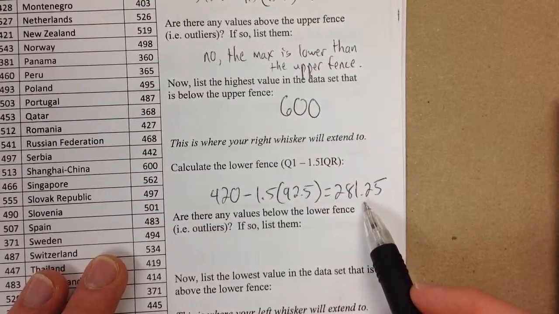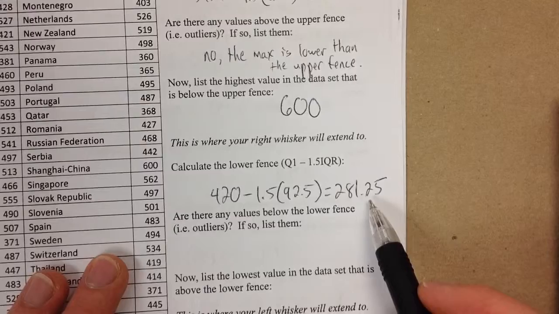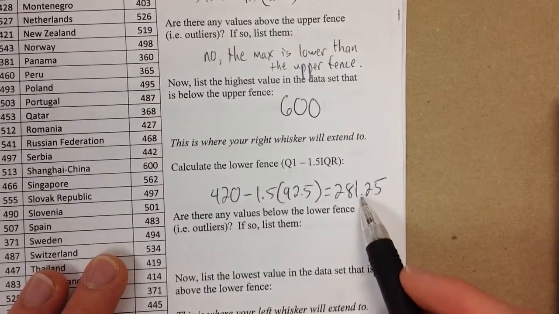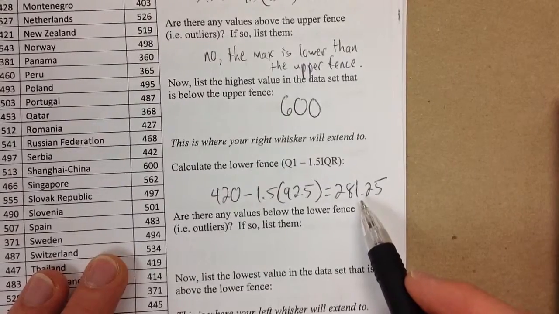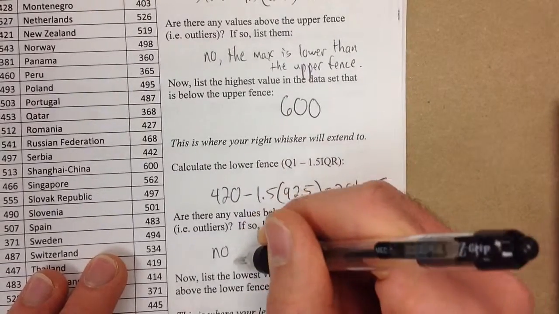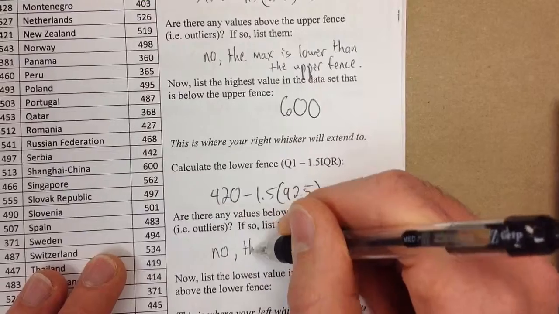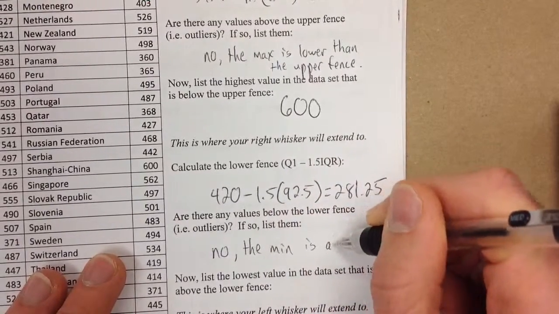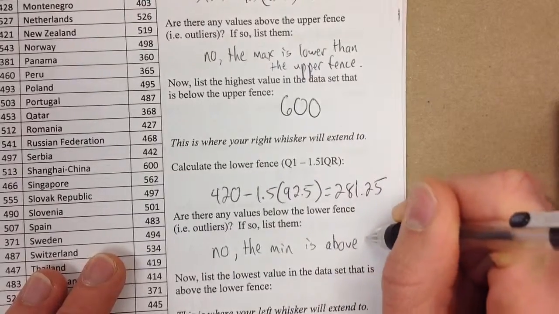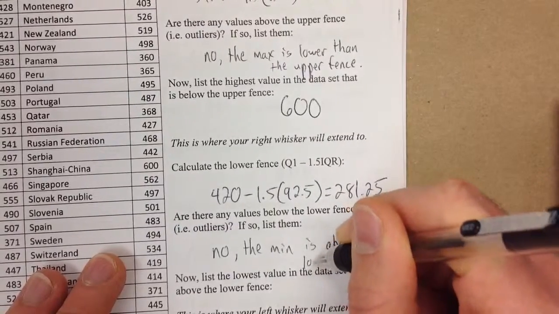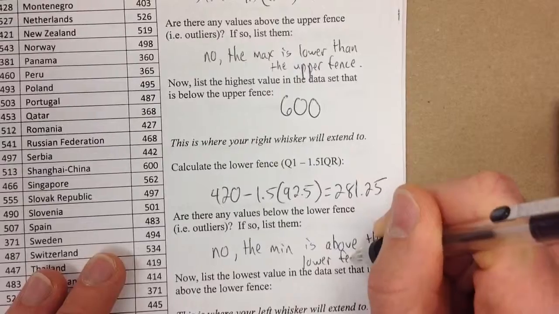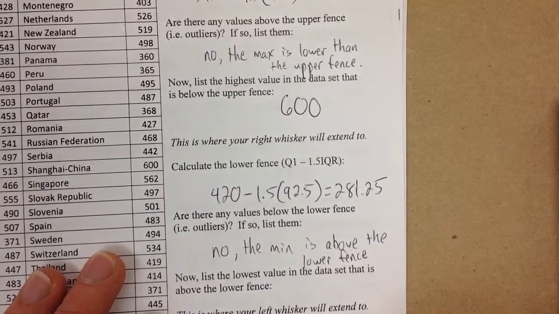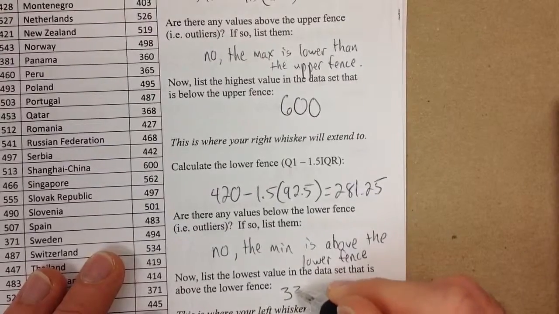So what can we conclude? No low outliers, right? Because the lowest score is above the lower fence. And the lowest value that is above the lower fence is the minimum, 331.